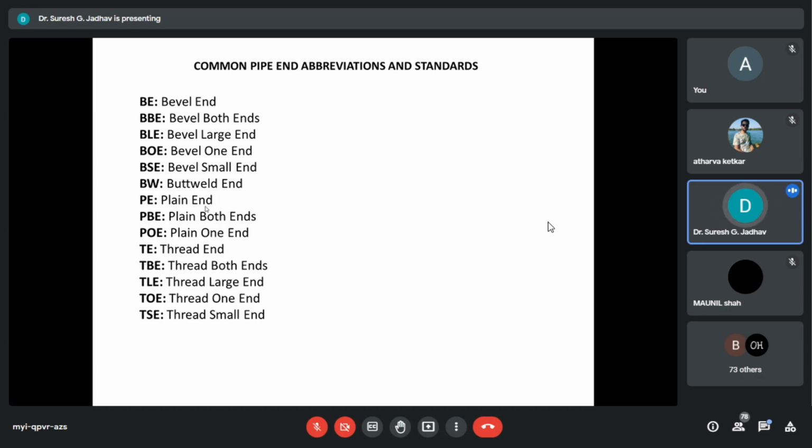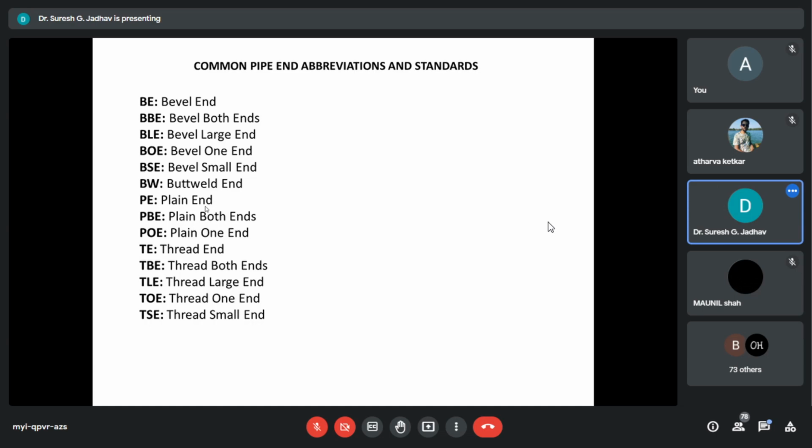These kinds of abbreviations are used for pipe ends in chemical industries, petrochemical industries, or hydrocarbon facilities. So this kind of abbreviation is very essential in piping industries.